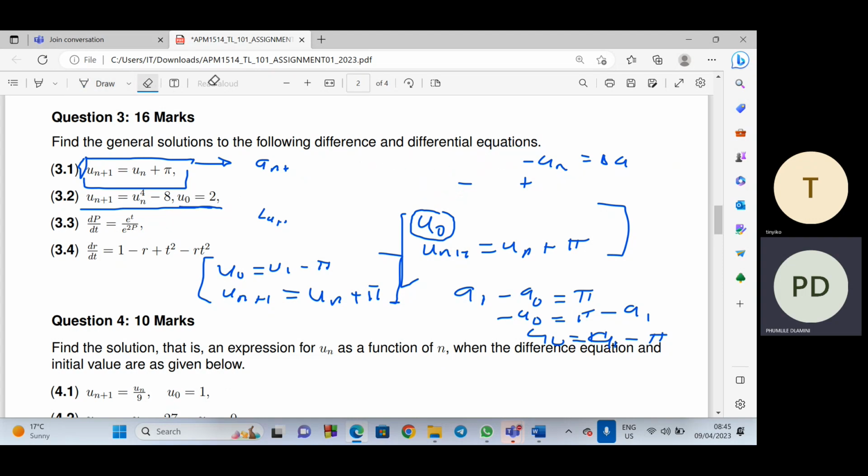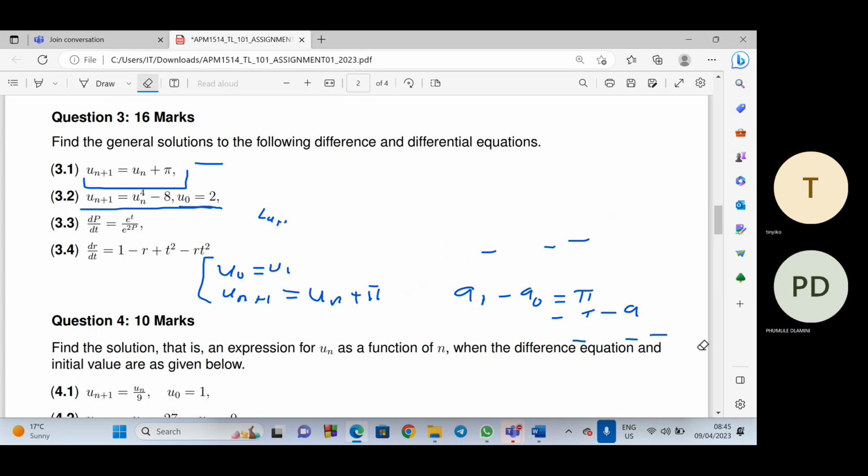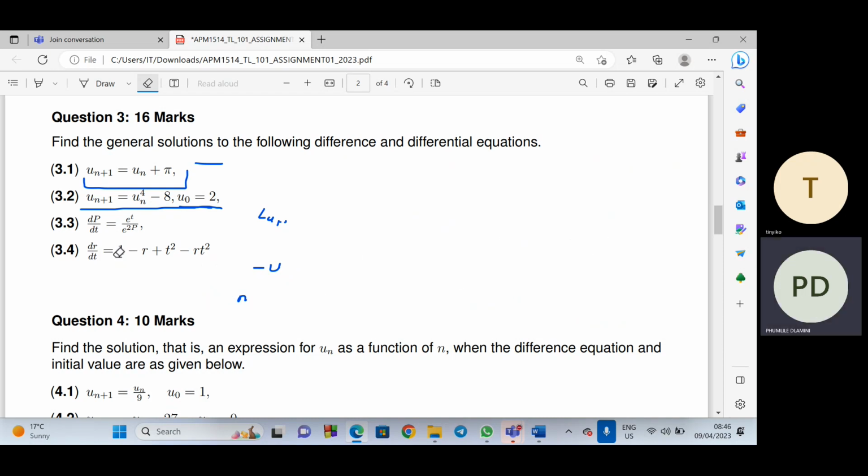The first thing that you can do, you can calculate the first 3 terms of this sequence. The first term, we know that is 2.